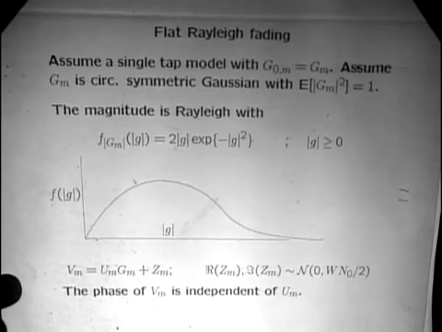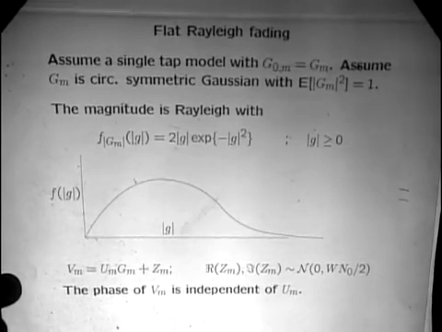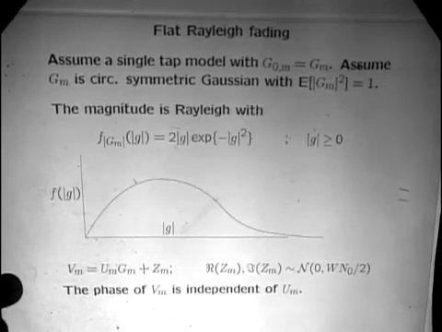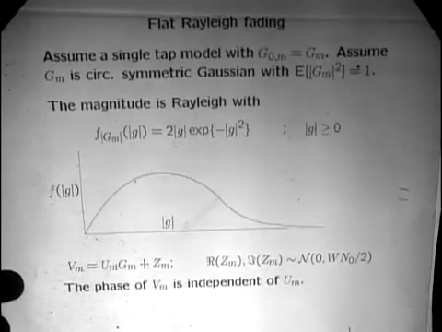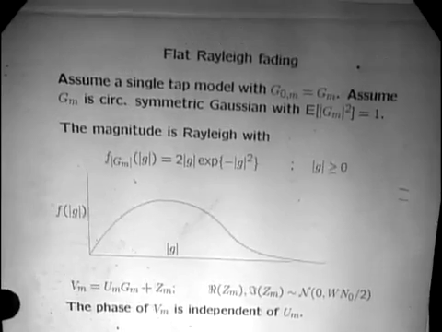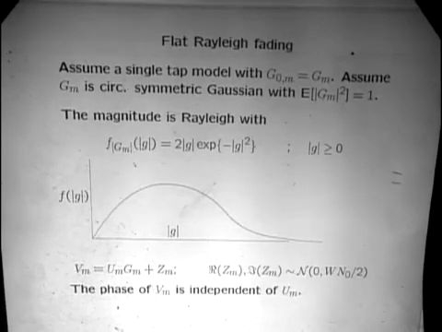Okay, so in other words, in this model that we're using, the phase is completely useless, and if we want to talk about anything connected to using likelihoods, the only thing we can use is the magnitude of the output. Now, why don't we just analyze it in terms of the magnitude of the output?